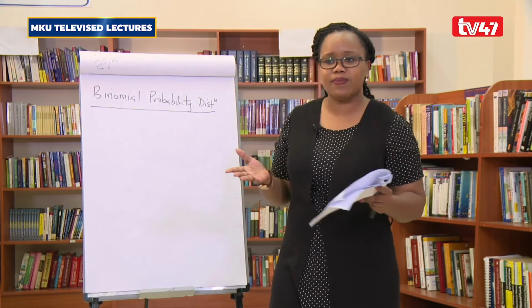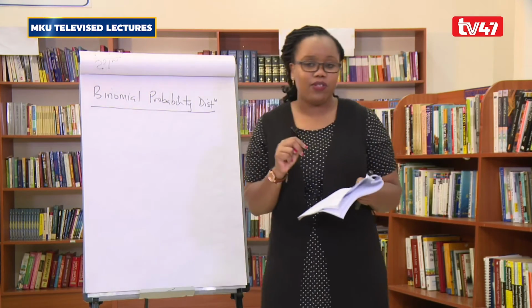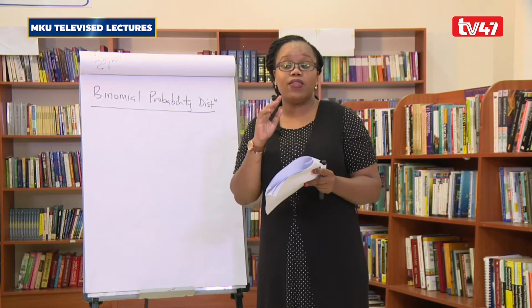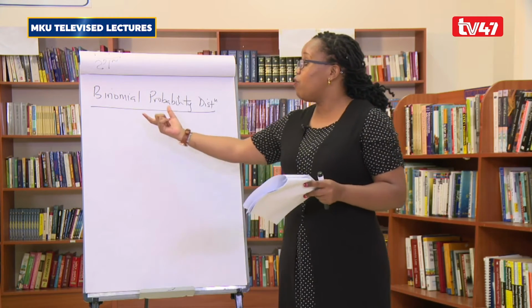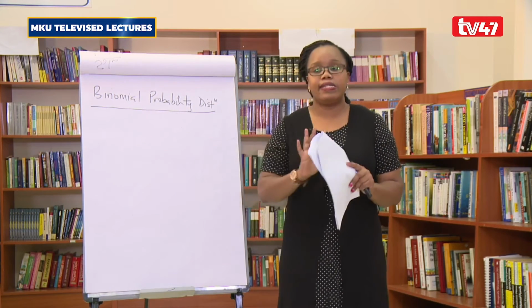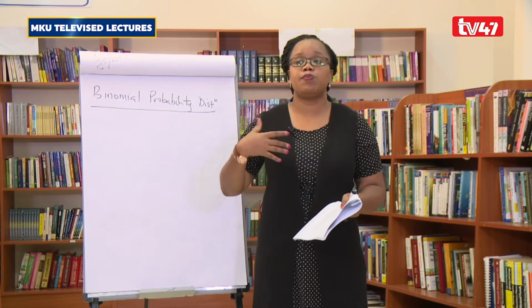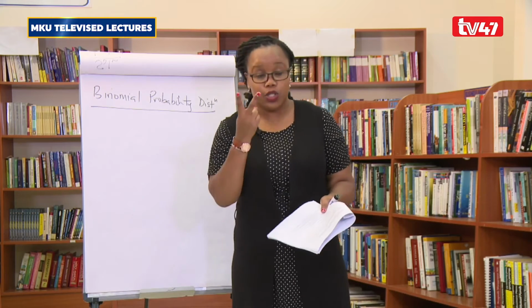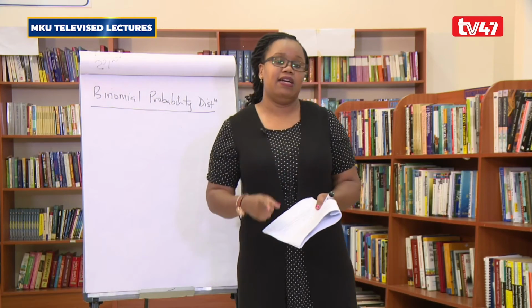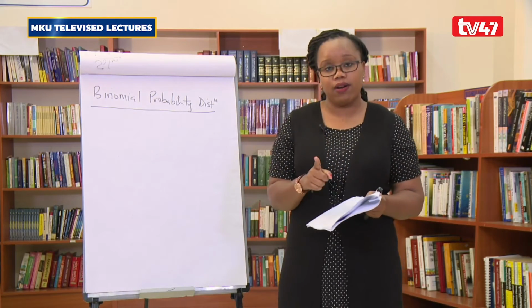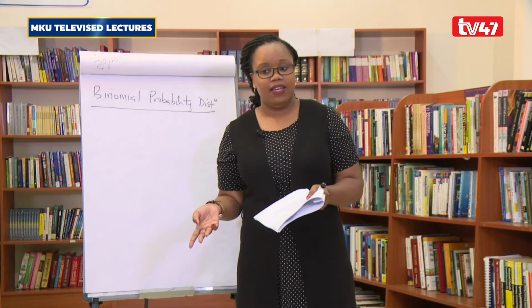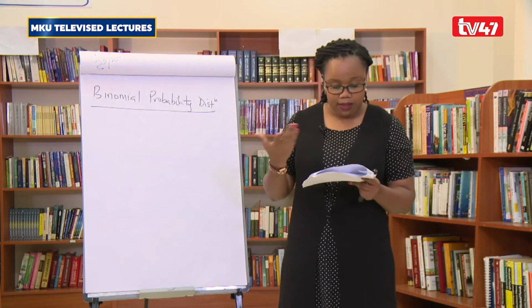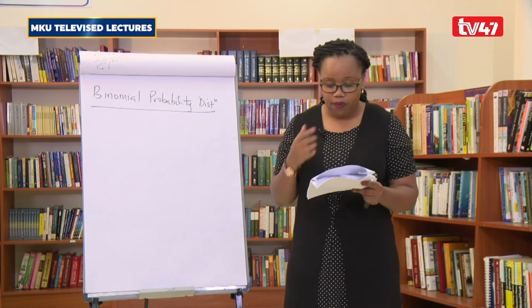Bi means what? 2. You're correct. Now, for binomial, simply defined, we expect that from our data, our outcomes are 2. Either a success or a failure. So with that in mind, now we can describe binomial very well.